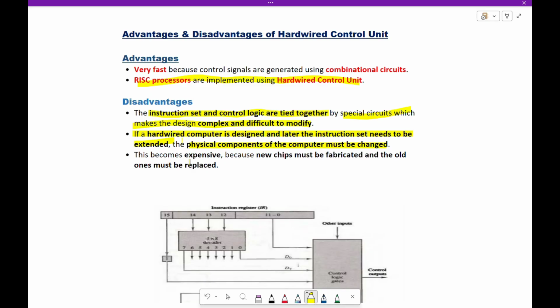This becomes very expensive because a new chip must be fabricated and the old one must be removed. So this is the advantage and disadvantage of control unit.